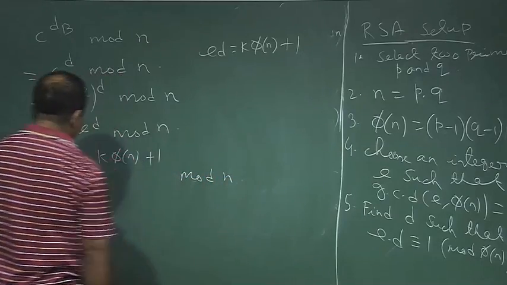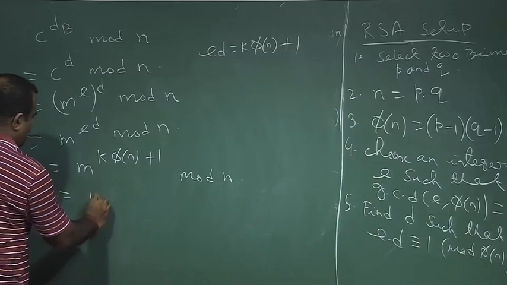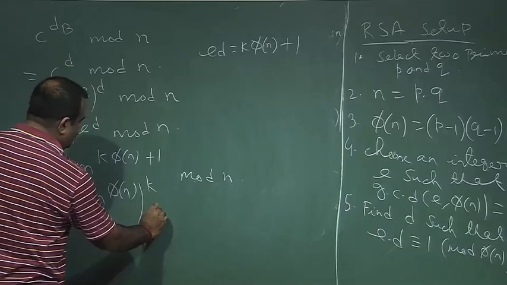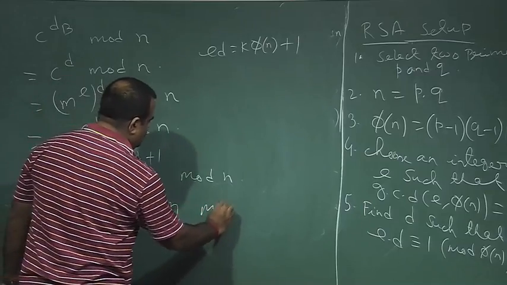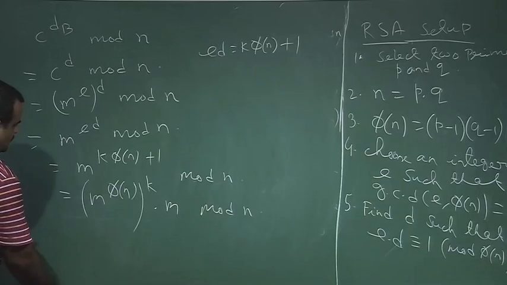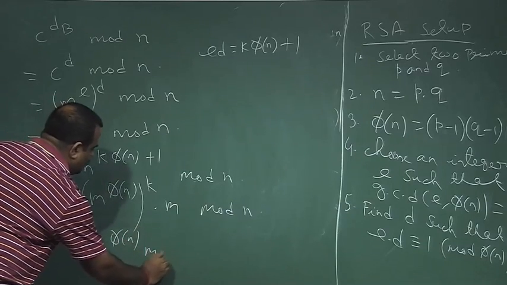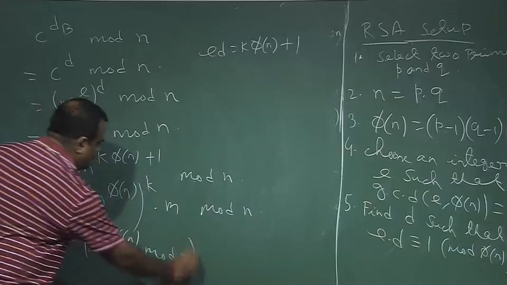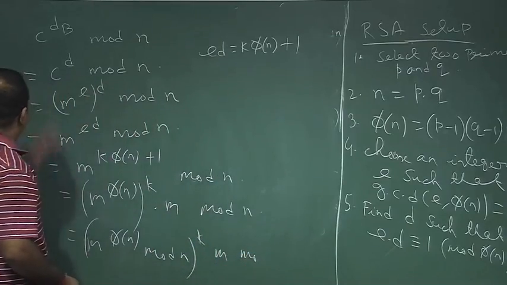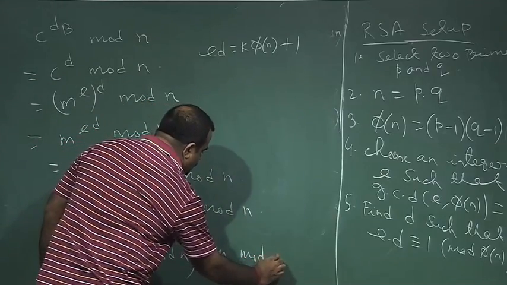This is m to the power phi n, to the power k, into m mod n. So we can write it as m to the power phi n mod n, to the power k, into m mod n.